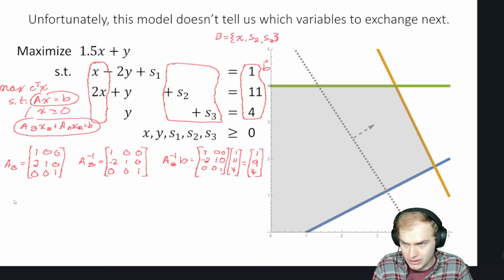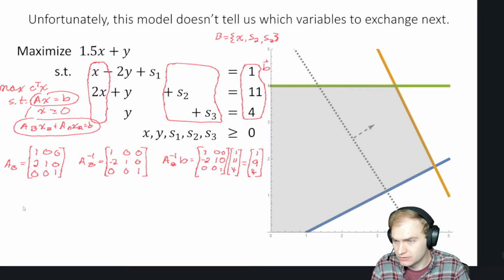Then we want to change the inside of the constraints.